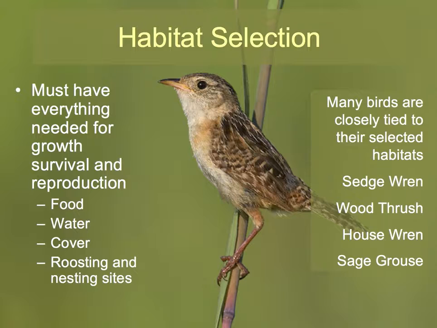House wrens actually are adapted to be near people and they only nest around human habitations. Sage grouse are birds that only nest in large open areas with certain kinds of characteristics. So these are very specific, tied to specific kinds of habitats.